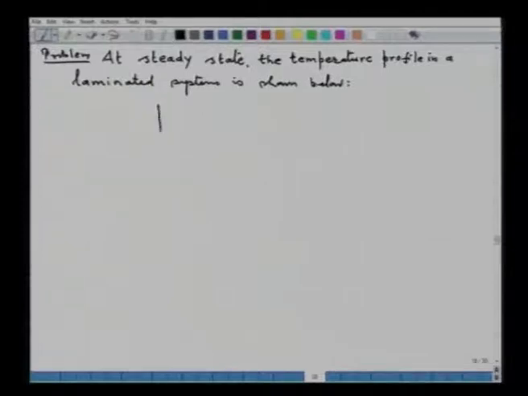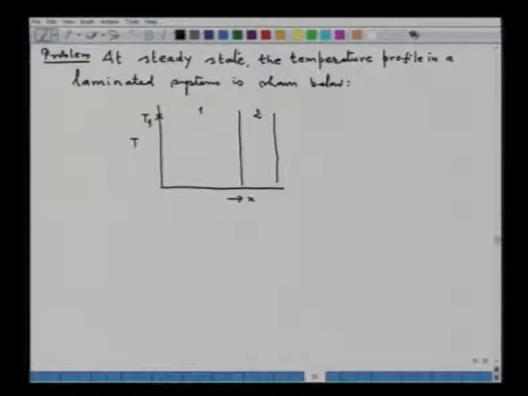Here this is the temperature and here is the distance in the x direction. Here you have the temperature T1, this is material 1 and this is material 2. The temperature gradient is this one, this is T2 and here it is T3. Suppose thermal conductivity of material 1 is K1 and thermal conductivity of material 2 is K2.